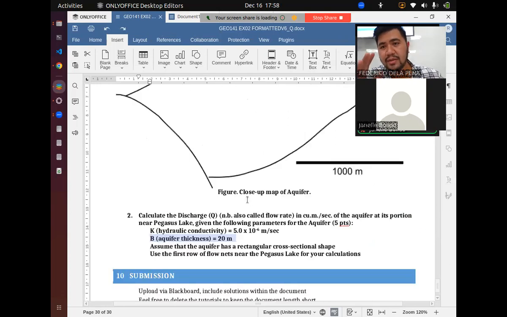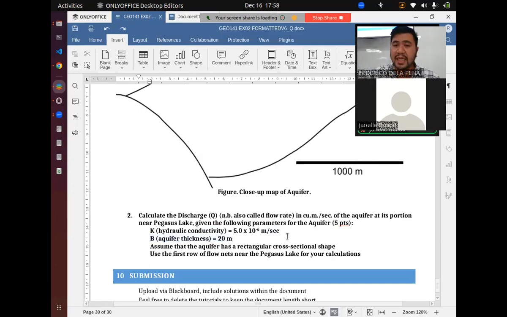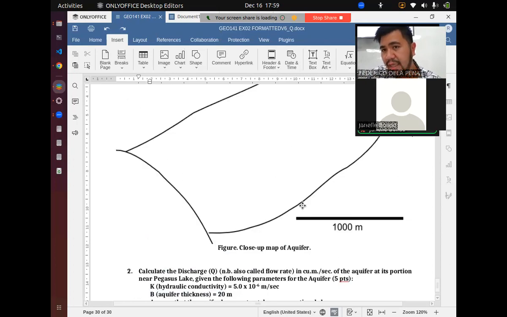So you can estimate the cross-sectional area. You already know the hydraulic conductivity and the hydraulic gradient once you've drawn the flow net. And from there, you can get the discharge.